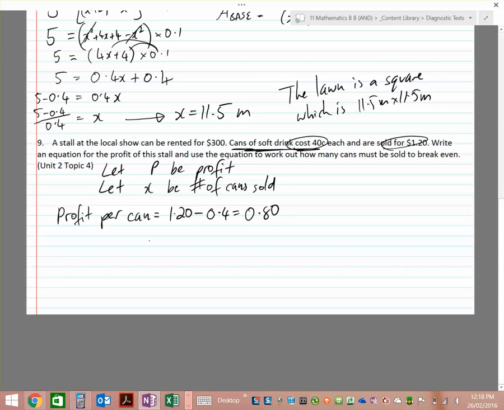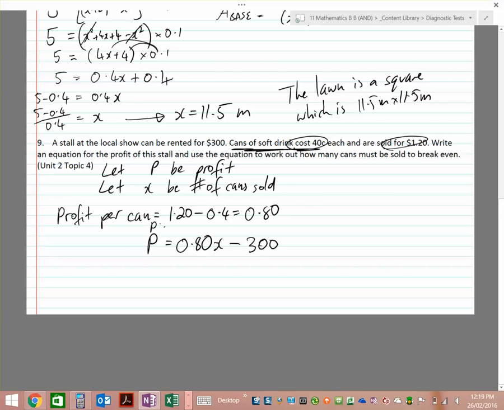So my total profit is going to be 80 cents per can, or per X that I sell. So imagine I sell 50 cans, X will be 50, I'll times that by 80 cents. But I need to also take away the $300 that we're spending regardless, regardless of whether we sell a can or not.